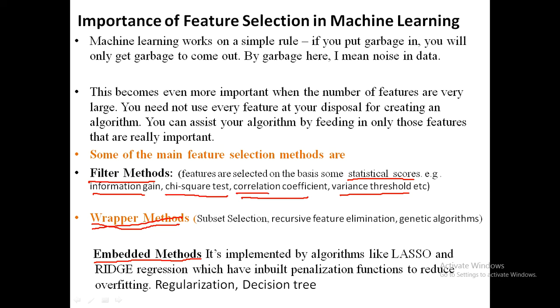You are familiar with correlation, how to find correlation between two attributes. If you have a set of given attributes x1, x2 to xk, and this is your target label or output value y, what we do in correlation coefficient is find the correlation between xi and y.